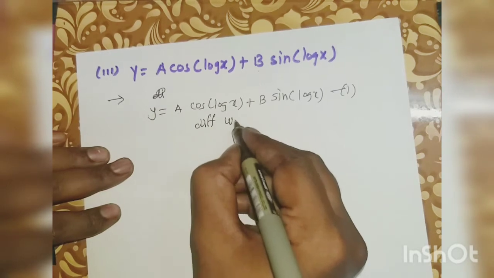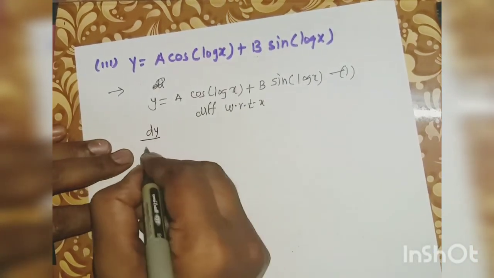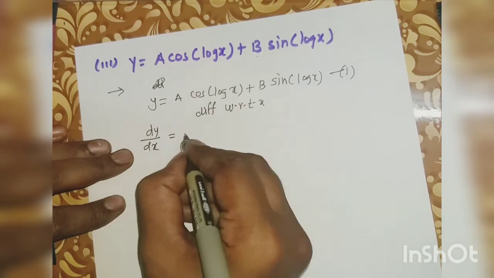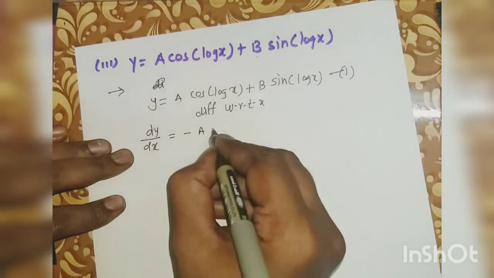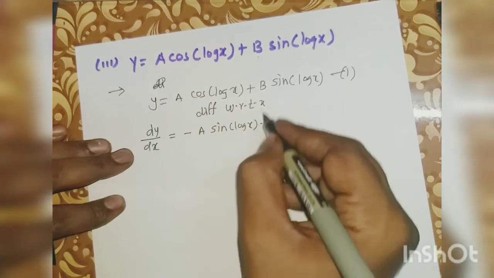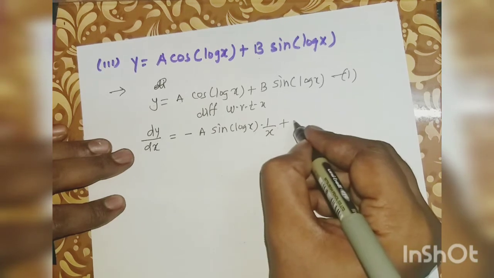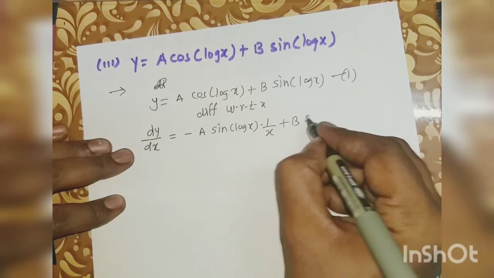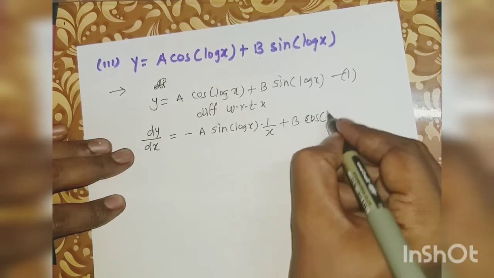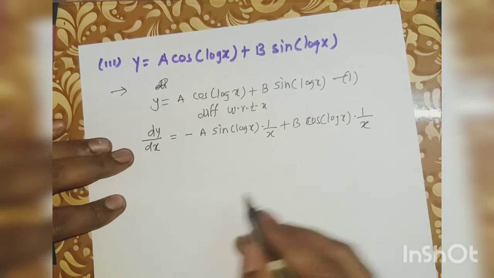Differentiate with respect to x: dy by dx is equal to minus a sin of log x, again derivative of log x is 1 by x, plus b cos of log x, again derivative of log x is 1 by x.